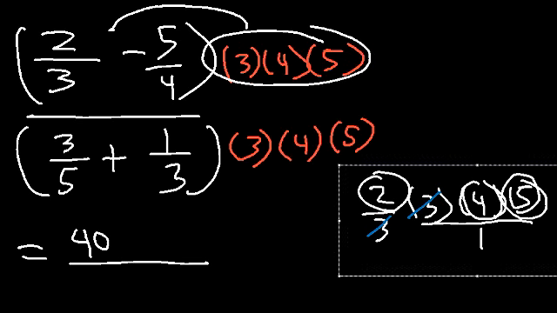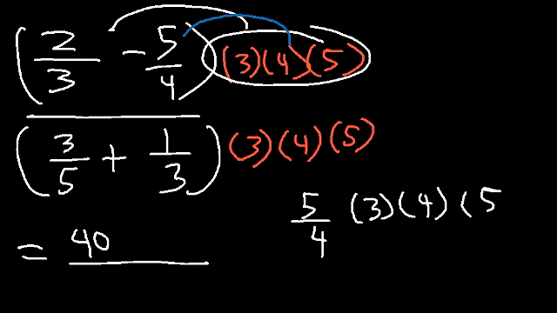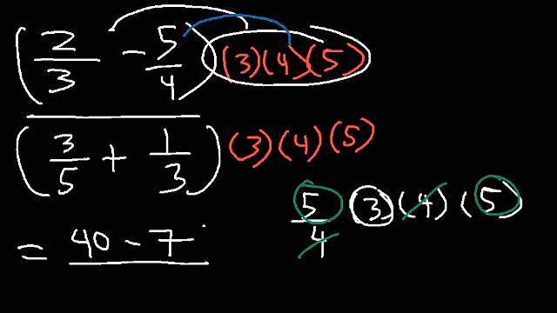Now let's multiply 5 over 4 by the common denominator. So 5 over 4 times 3 times 4 times 5. The 4's will cancel. 5 times 5 is 25. 25 times 3 is 75.